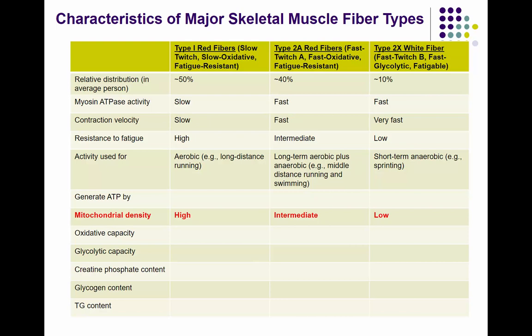That means in type 1 fibers, ATP generation is relatively slow compared to type 2X or type 2A, depending on the function of the different types of fibers. We will get there later so you have a better understanding.